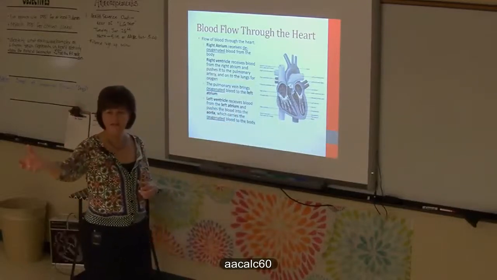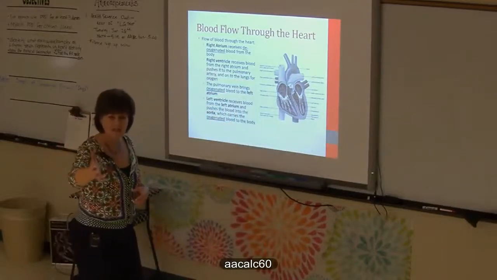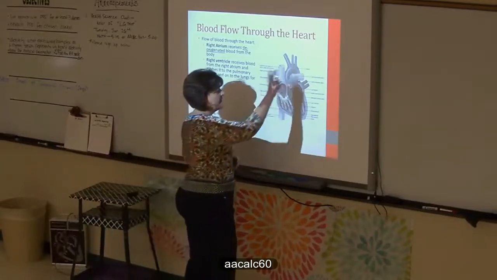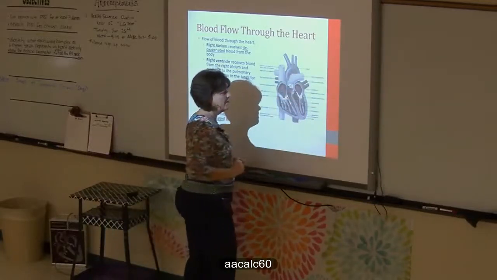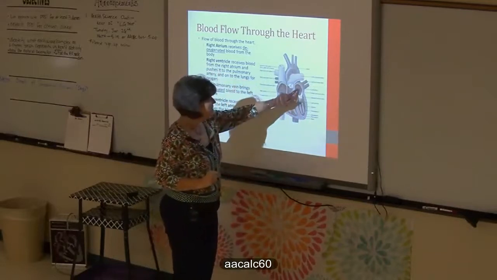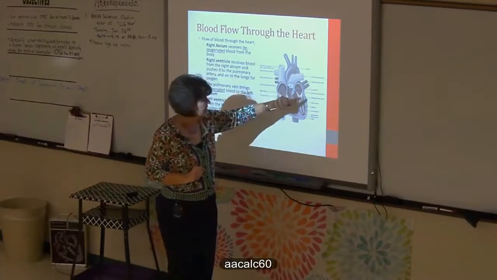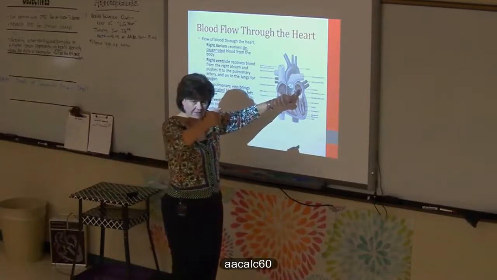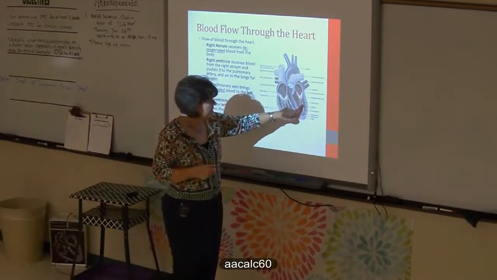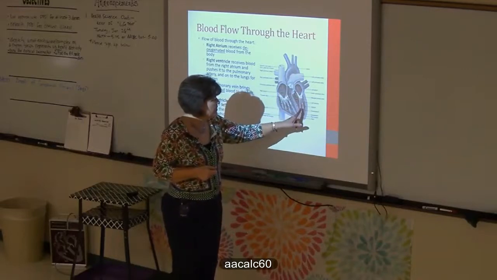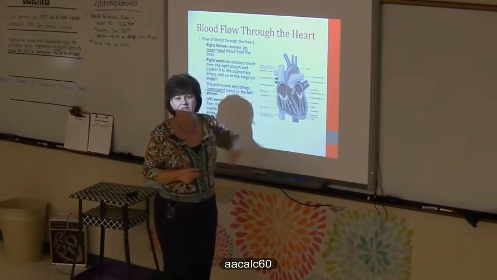So all of that blood takes a side trip out to the lungs, picks up some oxygen, and then it comes back through the pulmonary veins and dumps into the other side, the left atrium. And it's the same process. So the left atrium squeezes it through the mitral valve into the left ventricle, then the left ventricle squirts it out the aorta.